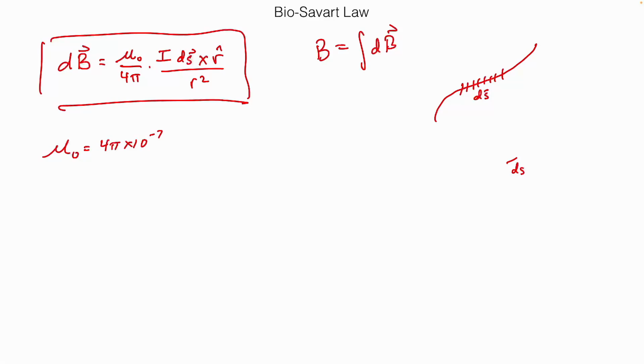Near a wire, right? Around a wire. The wire, this little segment of current right here, is like a point charge. It produces a magnetic field at some distance r from the thing that's making it.